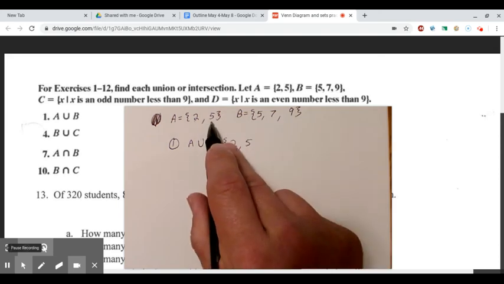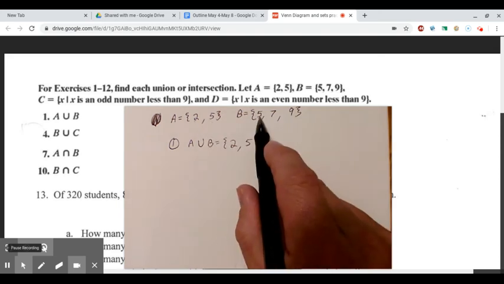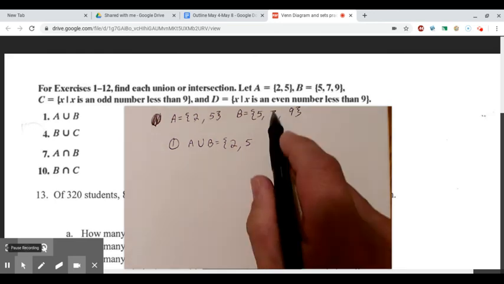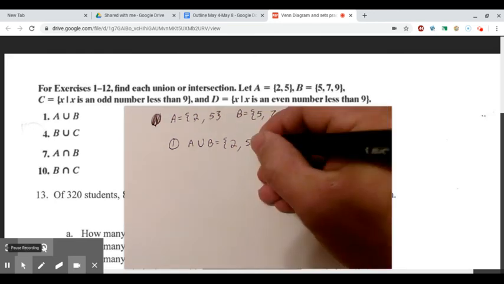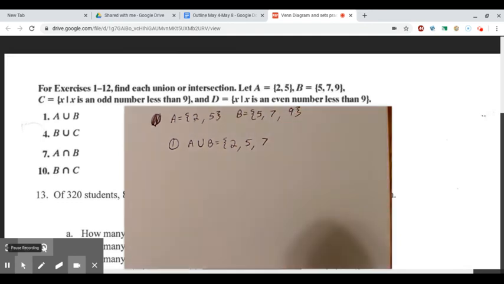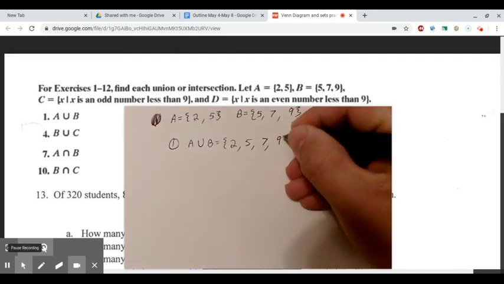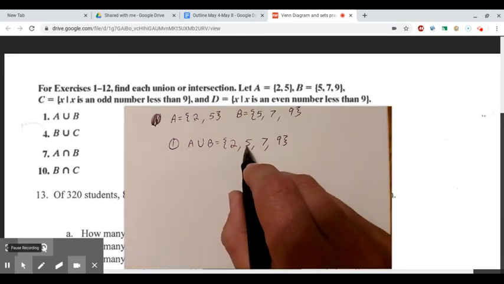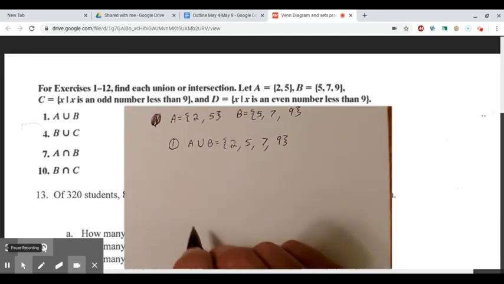Now I'm going to move on to set B. 5 was there again. Don't need to write it a second time. It's already accounted for. I need to include the 7 from set B and the 9. So you look for any element that you're seeing in either set and include it in this new set. Again, no need to duplicate values, so you're good there.